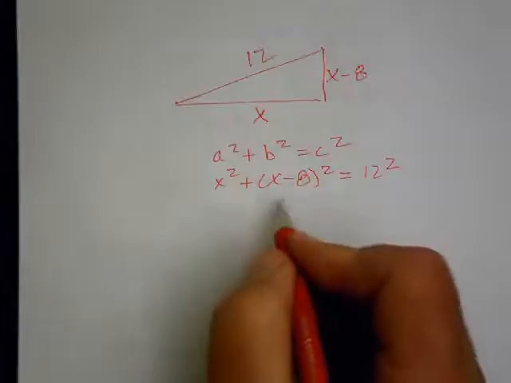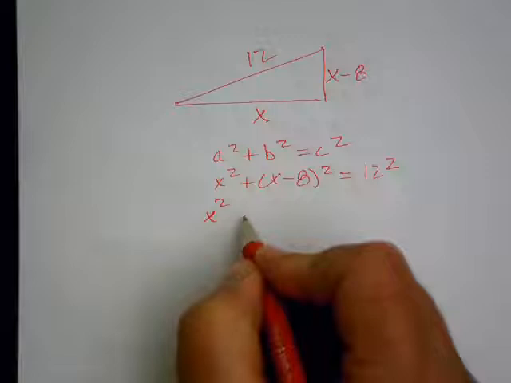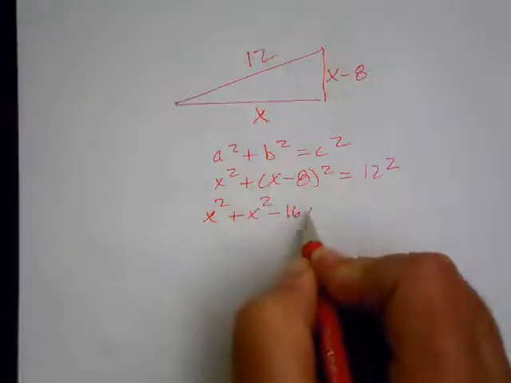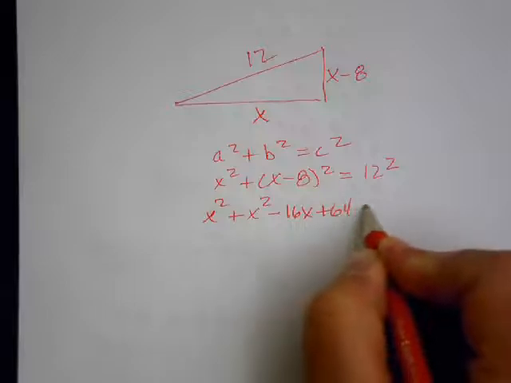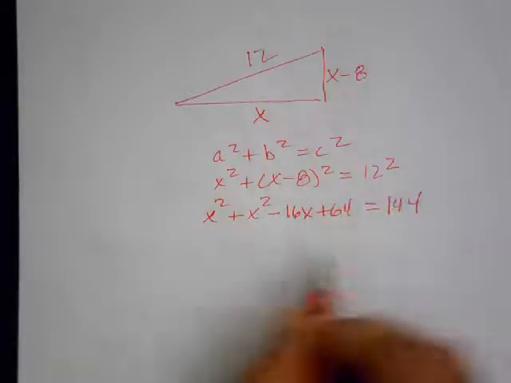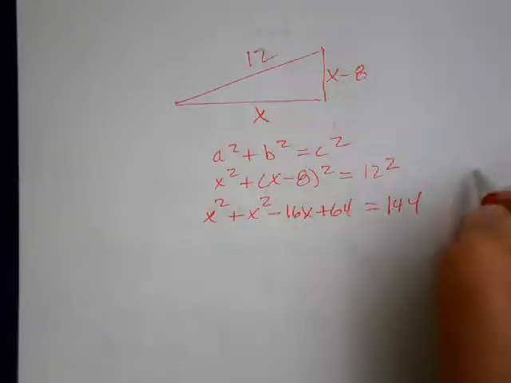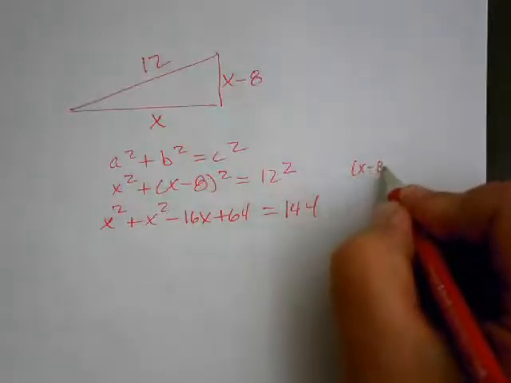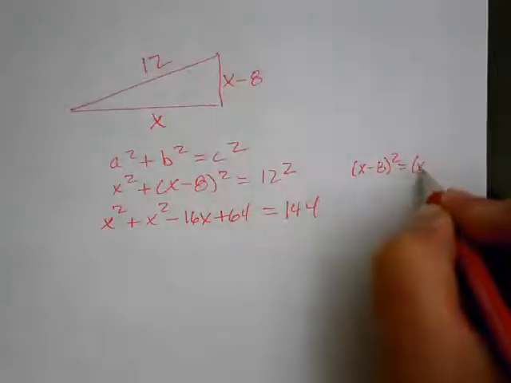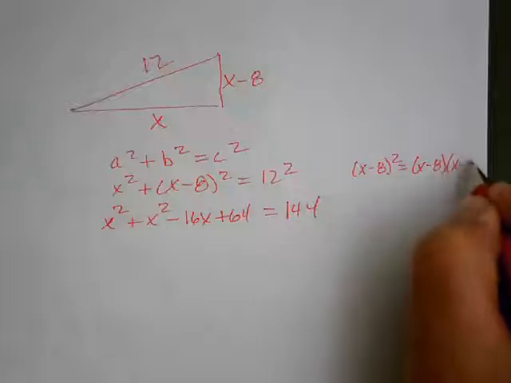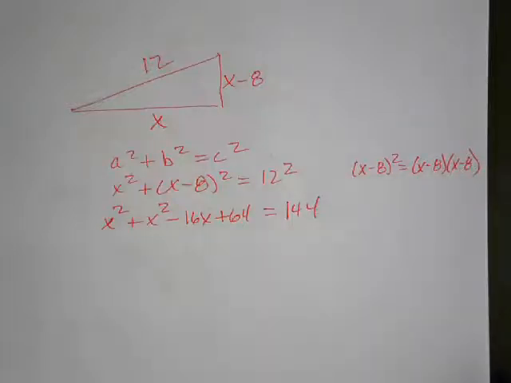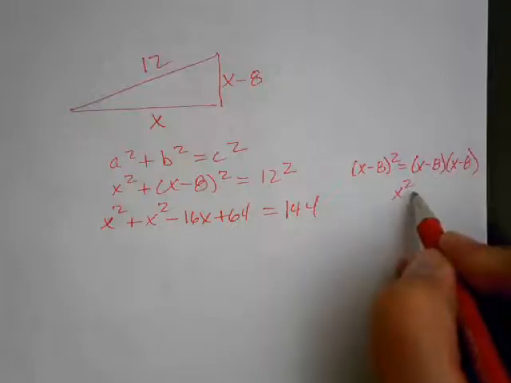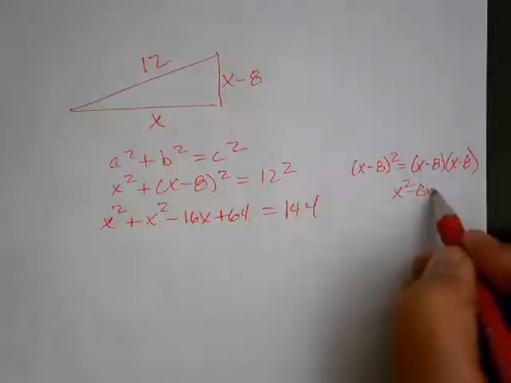So this becomes x squared minus 16x plus 64. Again, don't forget, anytime you have (x minus 8) squared kind of thing, it means this. So the x times x gives me the x squared, x times the negative 8, then negative 8 times the x, and then 8 times 8.